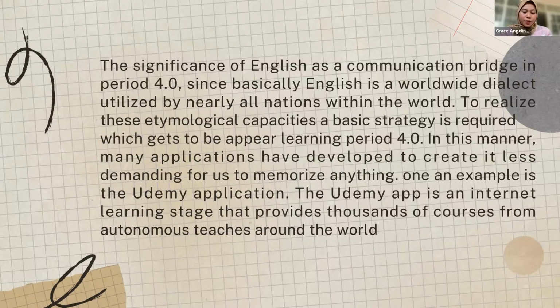In this manner, many applications have developed to make it easier for us to learn anything. One example is the Udemy application. The Udemy application is an internet learning platform that provides thousands of courses from independent teachers around the world.